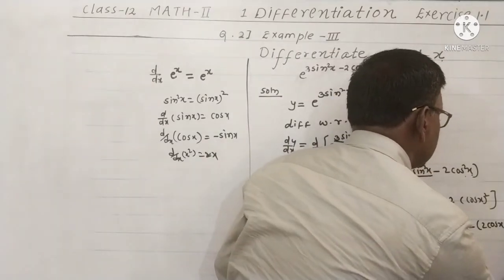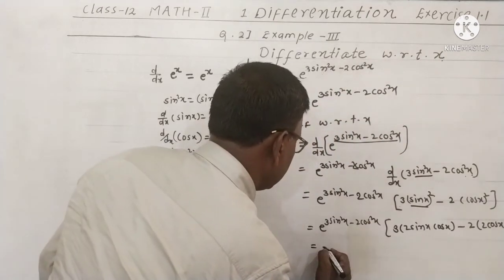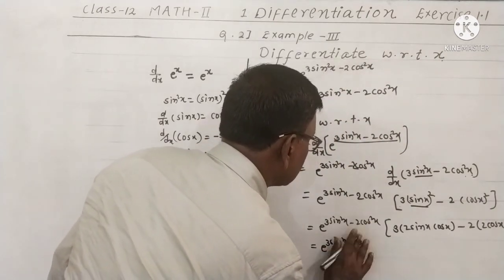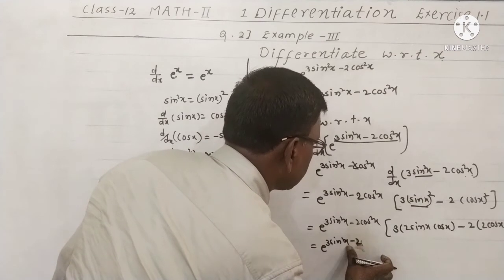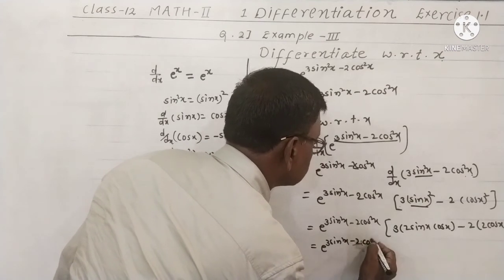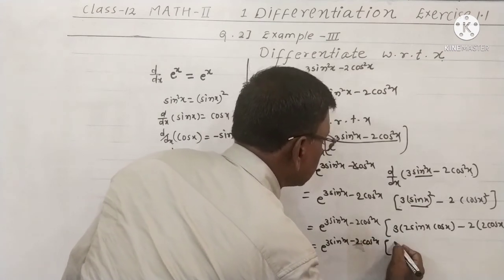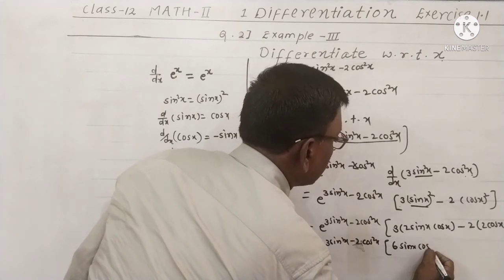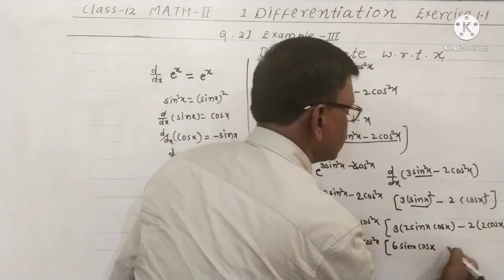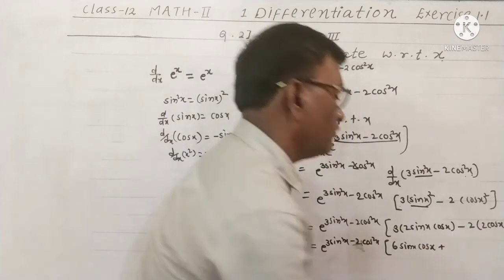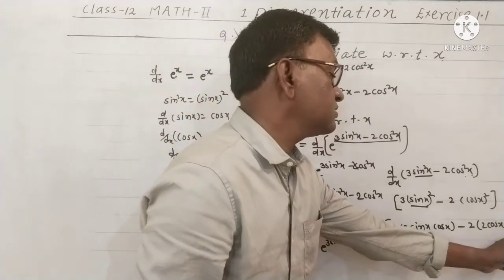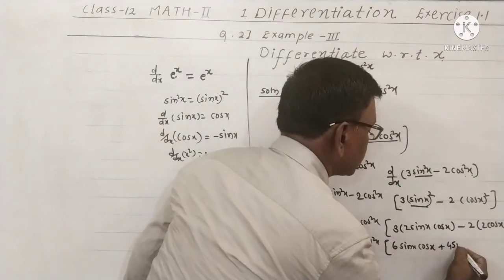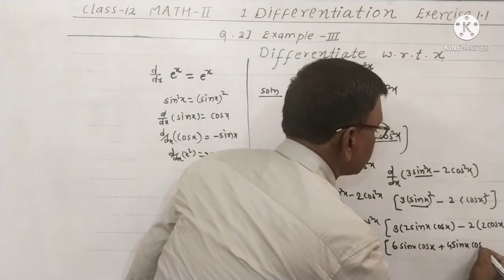So here is e raised to 3 sin square x minus 2 cos square x times 3 2s are 6 sin x cos x, minus into minus is plus, 2 2s are 4 sin x cos x, because here is minus, and minus into minus is plus.